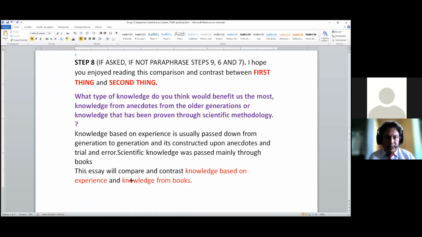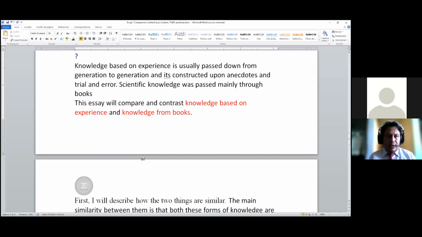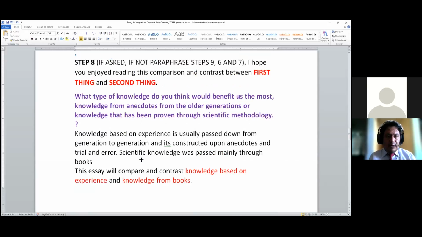That one. Scientific knowledge was passed mainly through books. Let's read again. Knowledge based on experience is usually passed down from generation to generation, and it is constructed upon anecdotes and trial and error. Scientific knowledge was passed only through books.